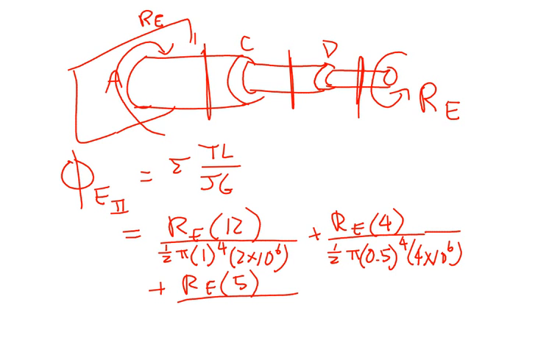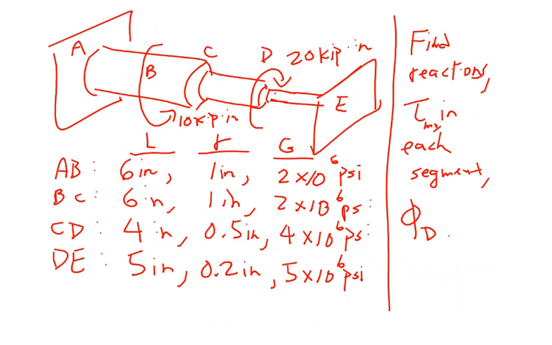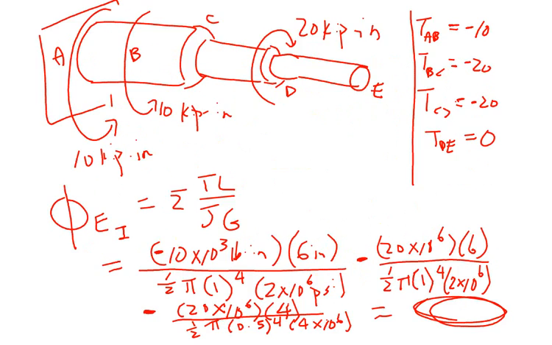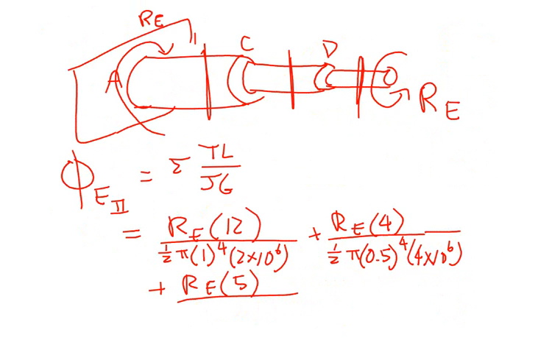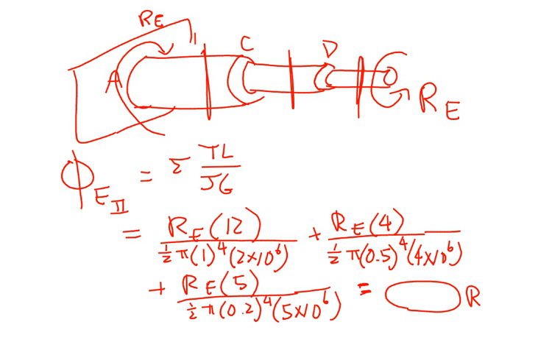Go back. 5 inches, 0.2 inch radius, and then 5 times 10 to the 6 psi. So 1/2 pi times 0.2 to the 4th, times 5 times 10 to the 6th. All right, so this is going to give you some number times RE.